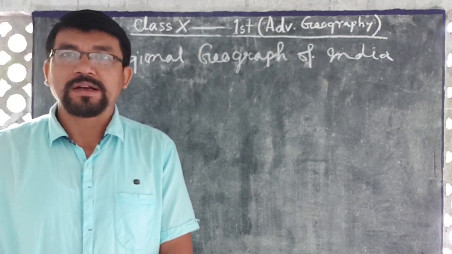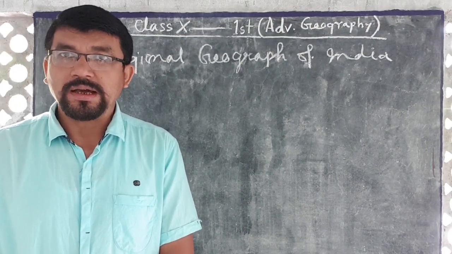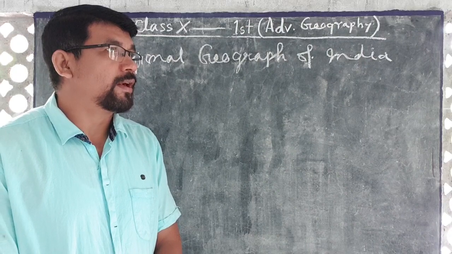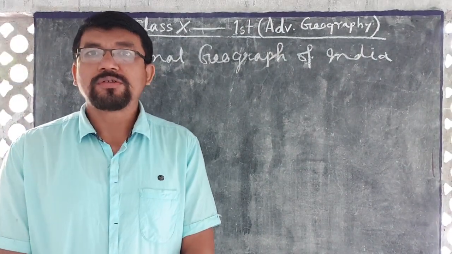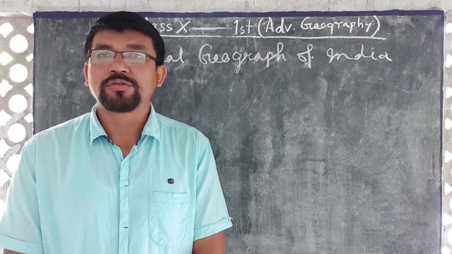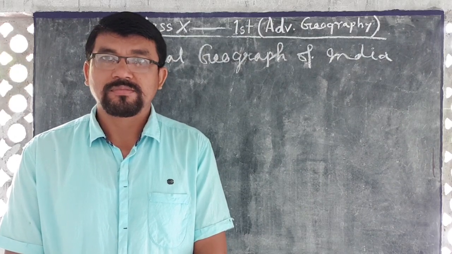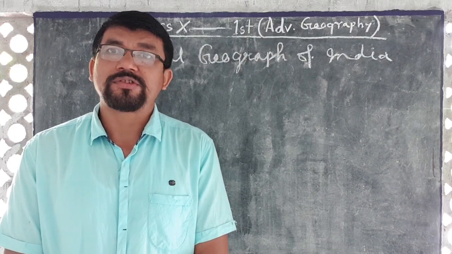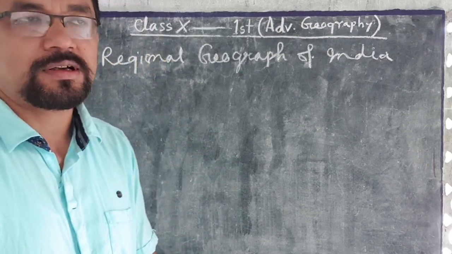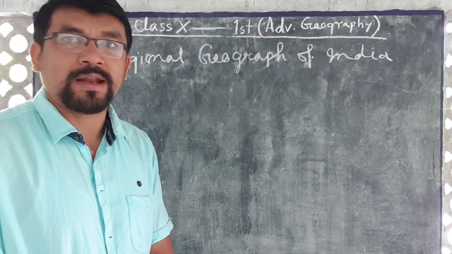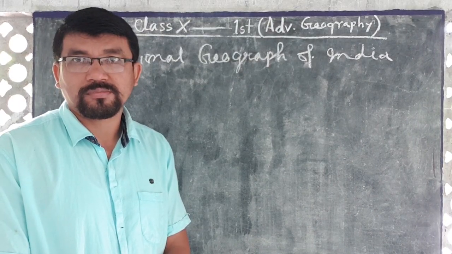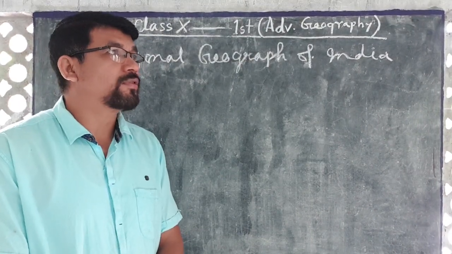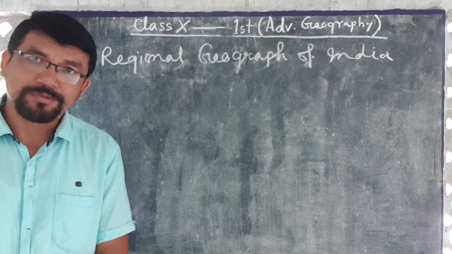You have to write that India is a country which is located in the southern portion of Asia. It is the 7th largest country in the world and the largest democracy in the world. India has lots of different types of diversities.